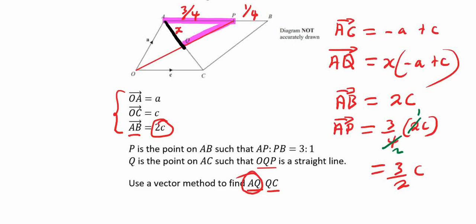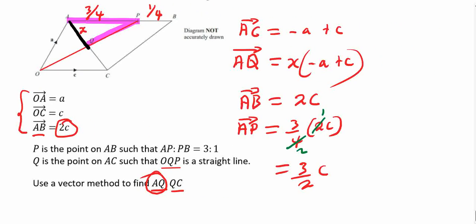Now that we have AP, we also need PQ. PQ is a fraction of OP, but consider the direction. Do we have OP? No, we don't have OP. All right, so let's try and generate OP.